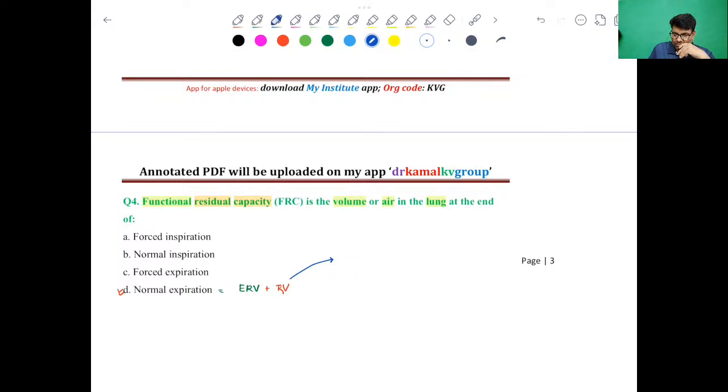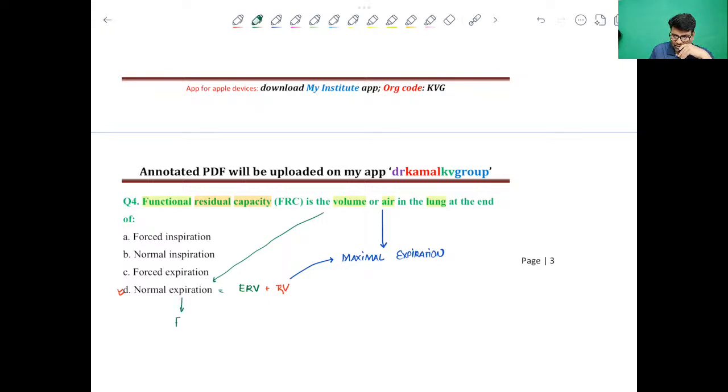So maximum expiration, right? The amount of air remaining in the lungs after maximal expiration is residual volume, and the amount of air remaining in the lungs after normal expiration is functional residual capacity.